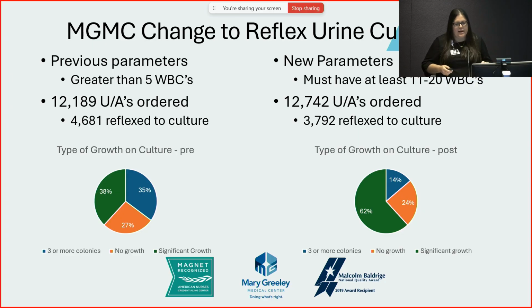When they had made that small adjustment, which is very much in line with how others in the literature state is appropriate, the cultures that then resulted were much more significant growth, more actionable type cultures, not a lot of this no growth. So it was just more effective use of the culture than it was prior to the adjustment, and more in line with how to appropriately use cultures.